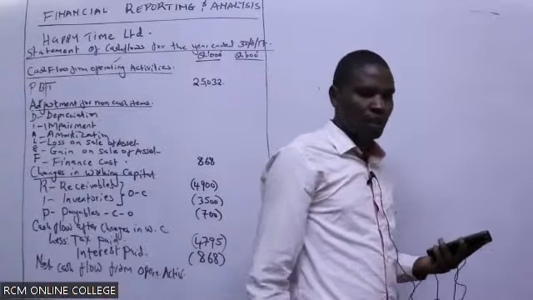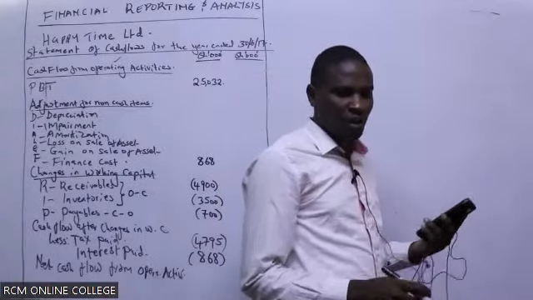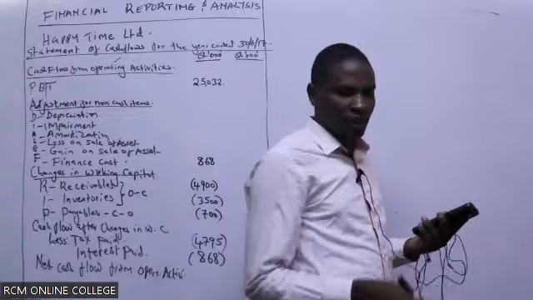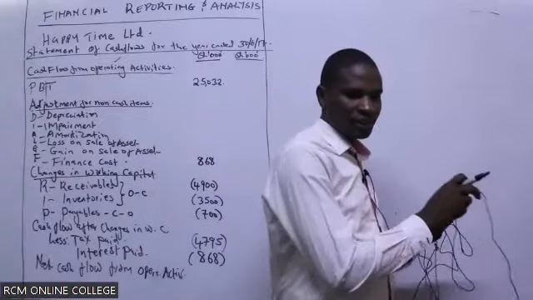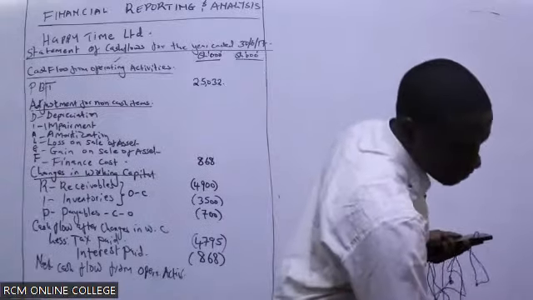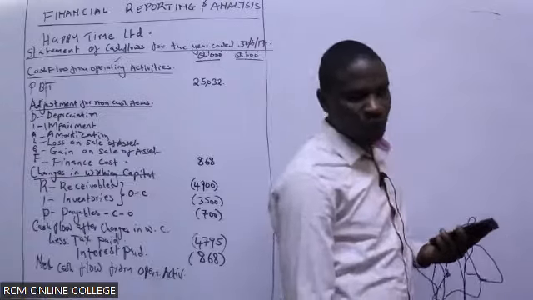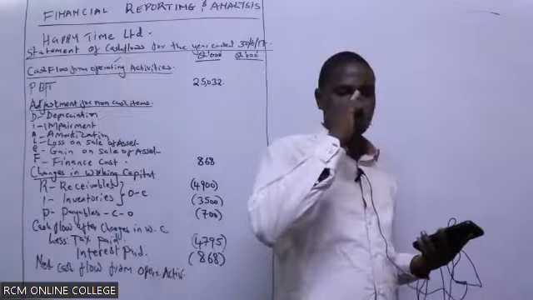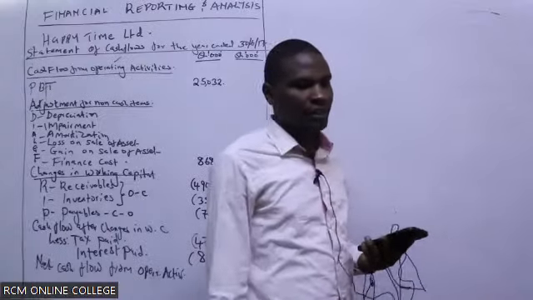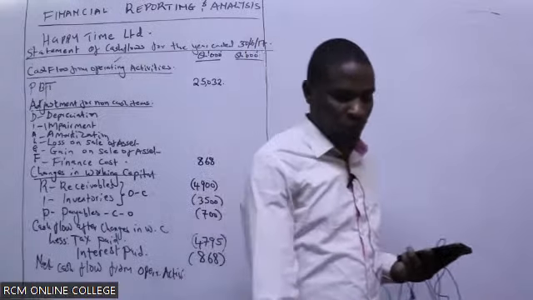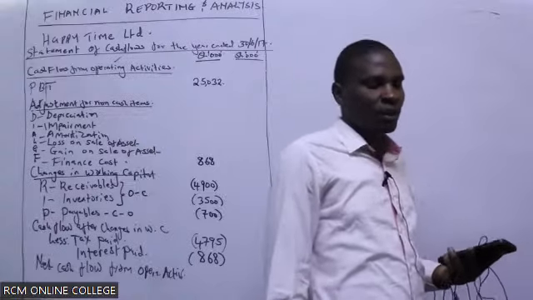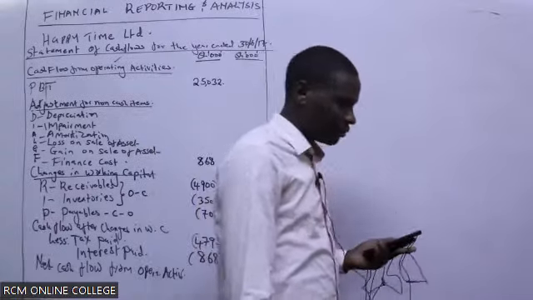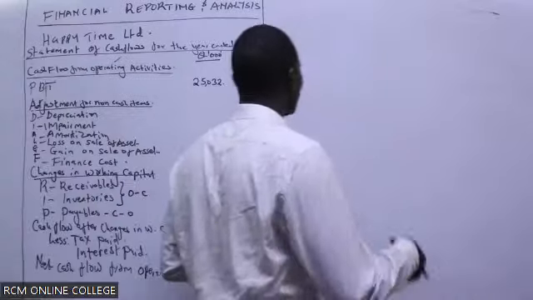We won't use that in cash flow from financing activity. Of course, what we use under financing activity is dividend paid. I will show you how we shall use that.